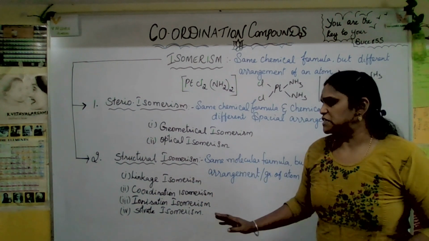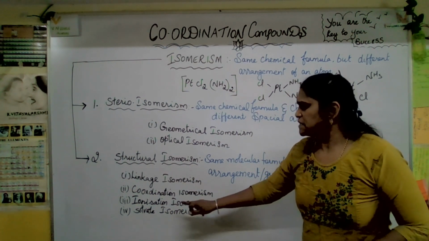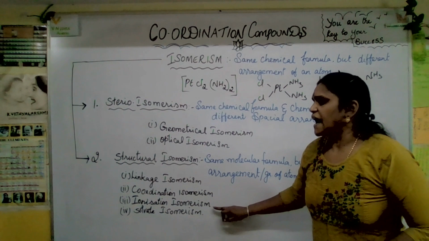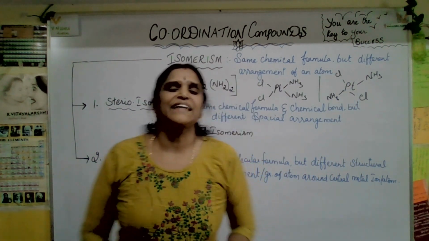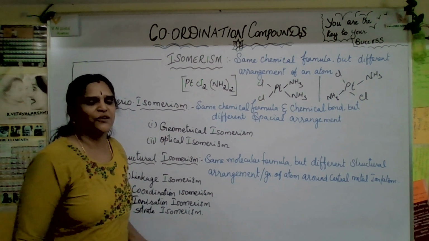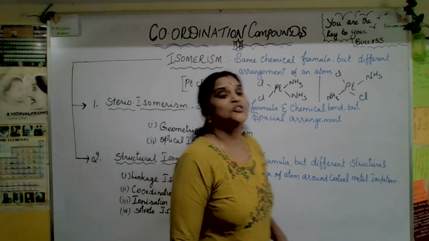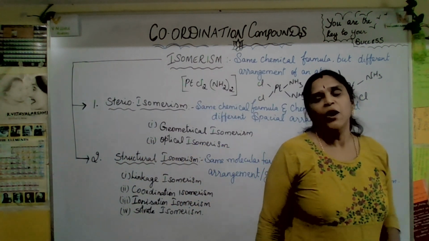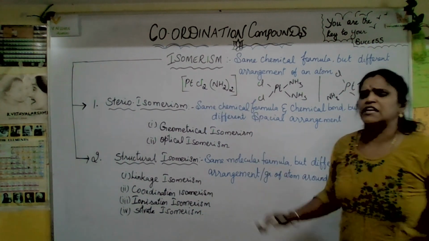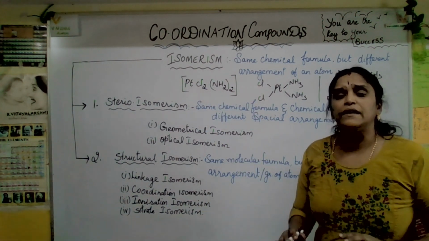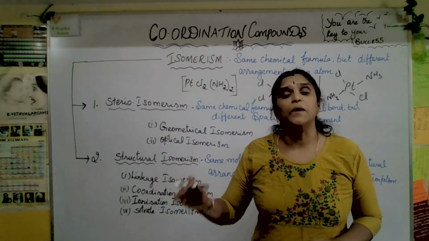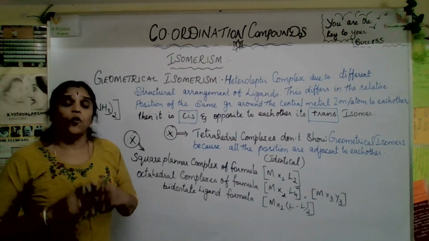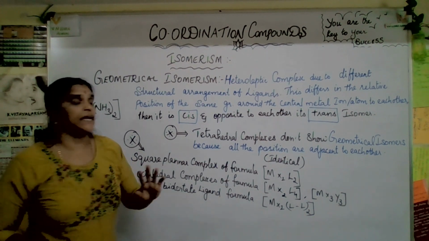Structural isomers are linkage isomers, coordination isomers, ionization isomers, and solvate isomers. These are the children of structural isomerism. Each and everything we will learn in detail, with examples and important questions also.